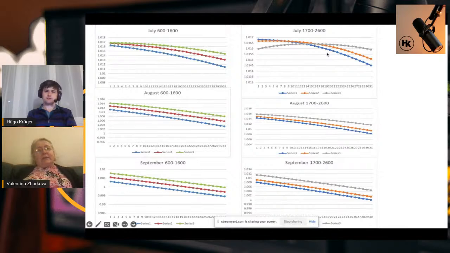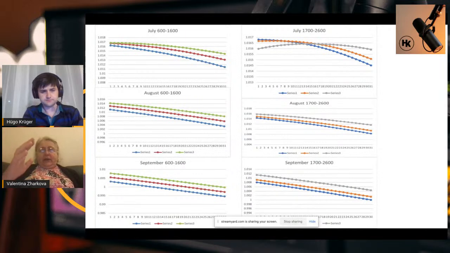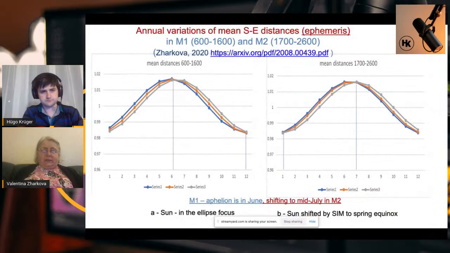So it means that the sun is closer to the Earth at the period when we have summer in the northern hemisphere and it gives much more radiation to the Earth. And I calculated it. Here is how the distance changes. In the last millennium, the longest distance was at the summer solstice in June.